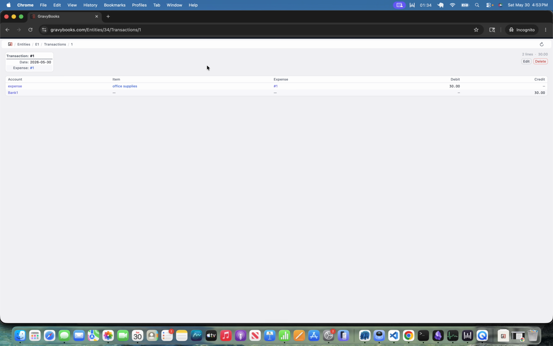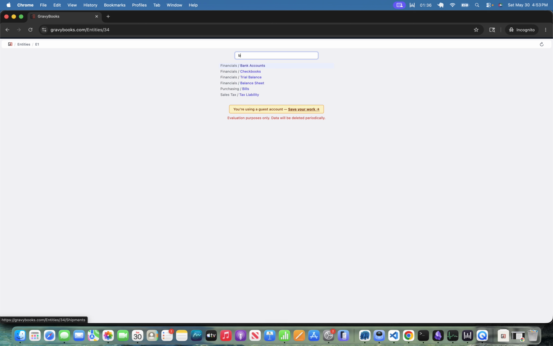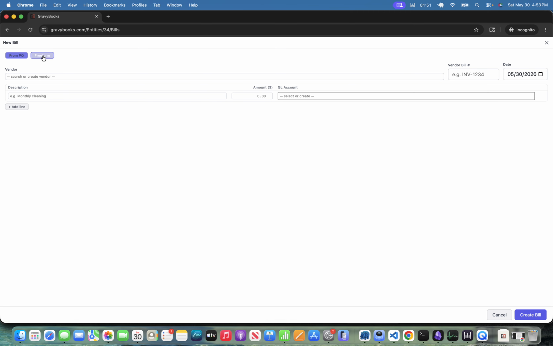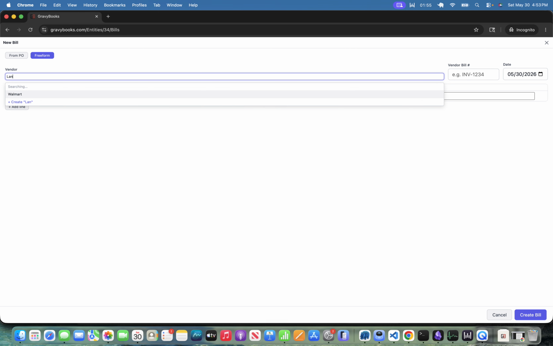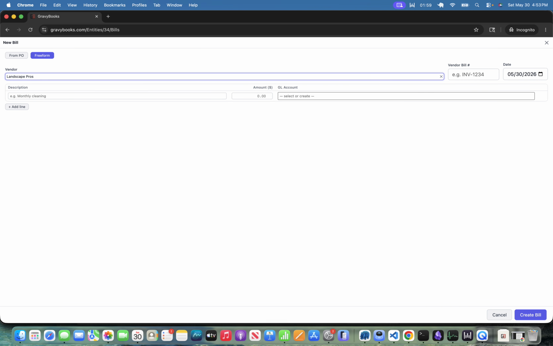come through. A bill, on the other hand, is something where your vendor has more trust in you, and they send you an invoice, which you then create as a bill. And that invoice has payment terms, meaning you can pay it later. So let's say your landscaping company sends you an invoice.